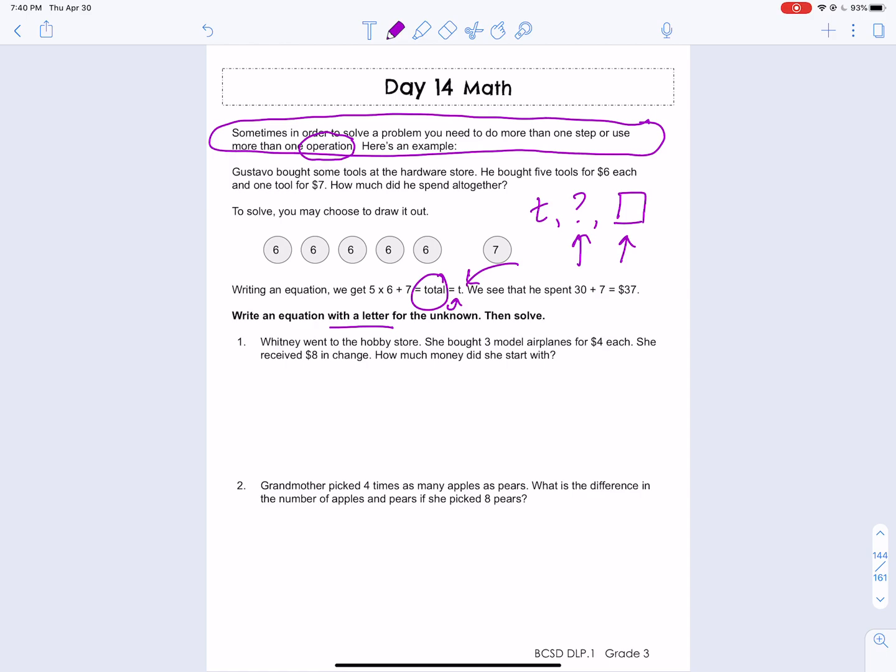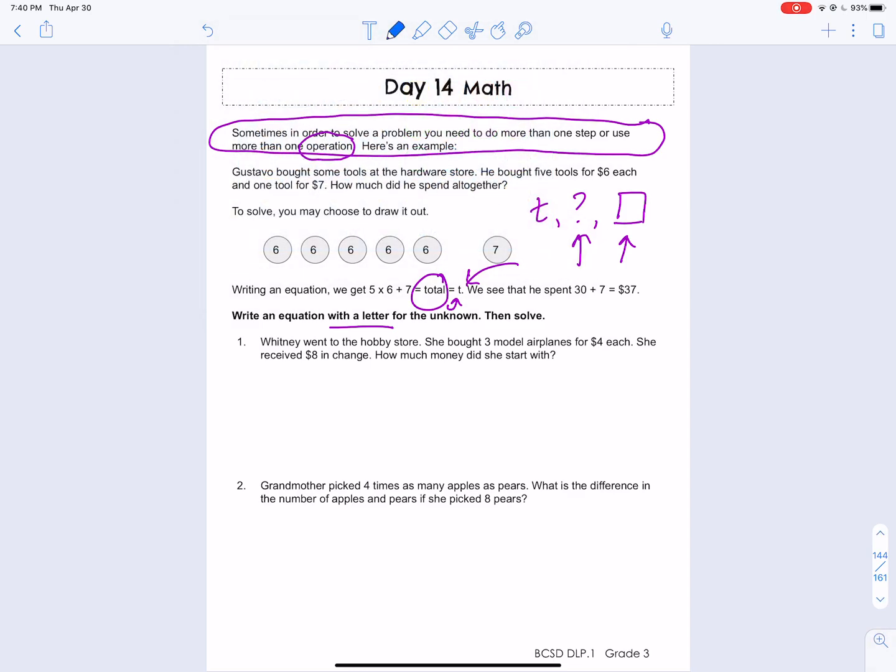Number 1, Whitney went to the hobby store. She bought 3 model airplanes for $4 each. She received $8 in change. How much money did she start with? Okay, let's go back and look at the math language being used here.